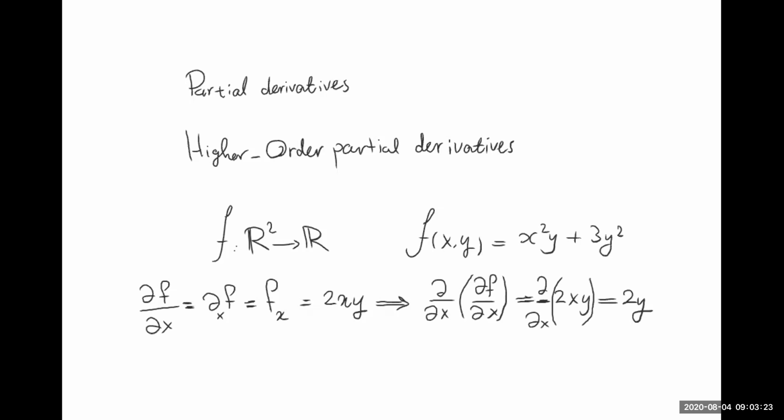Different notations we use for this are, well, one of them is this. It means take the derivative with respect to x of the derivative of the function with respect to x, which is here, say 2y. We also sometimes use this notation, partial squared of f over partial x squared.